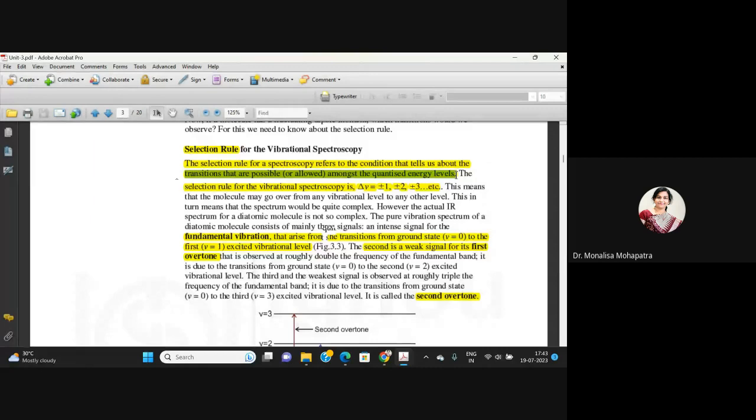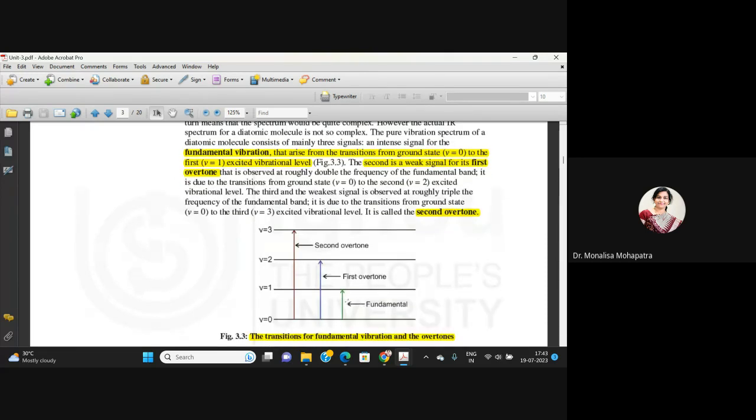The selection rule says delta V should be plus minus 1, plus minus 2, plus minus 3, like this. If you see this diagram, there is the ground vibrational energy level 0, then vibrational energy levels 2, 3, then upper parts.